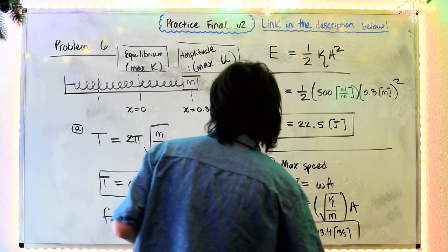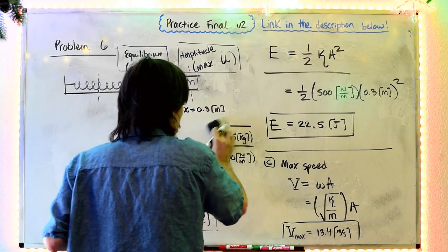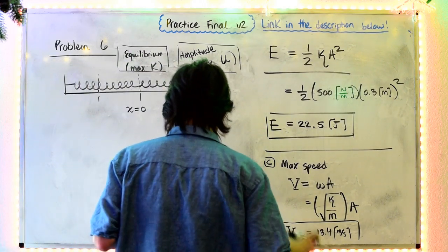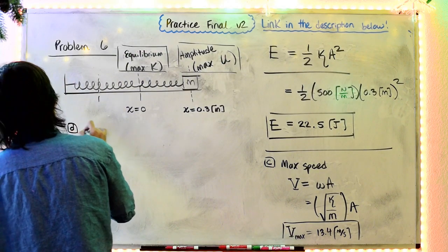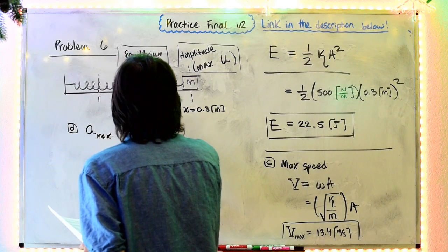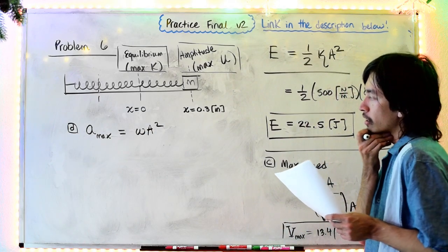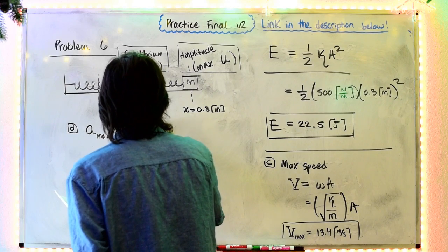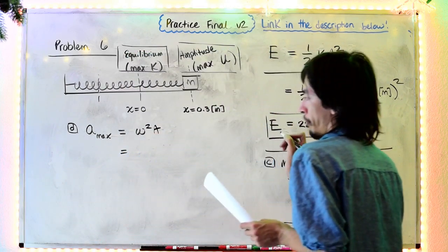Now, on the other hand, the maximum acceleration in the system, part D. The maximum acceleration is omega times A squared. So we plug in this again. Actually, not omega A squared, it's omega squared times A, correction.